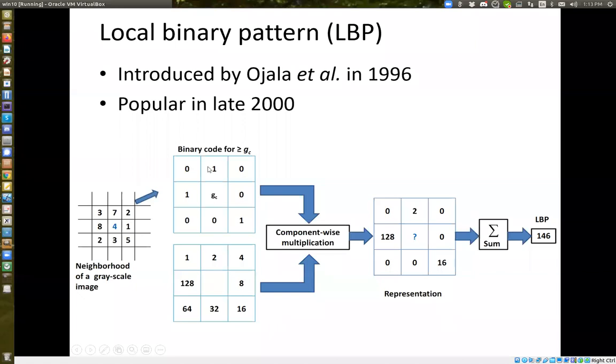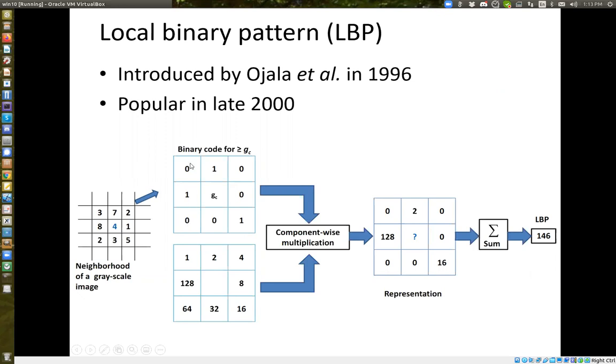Therefore, I have 0, 1, 0, 0, 1, 0, 1, something like that. Then I think of this as a number, starting from this upper left one as the least significant bit and moving up to the most significant bit.